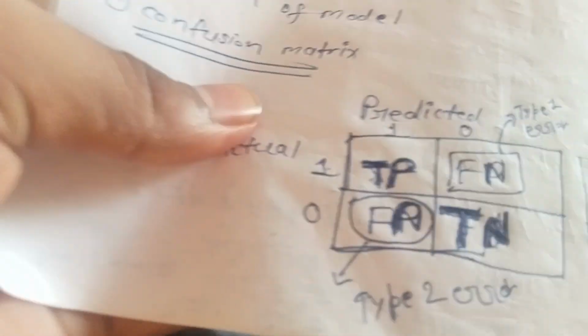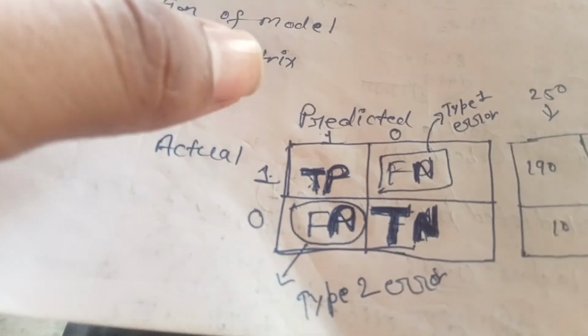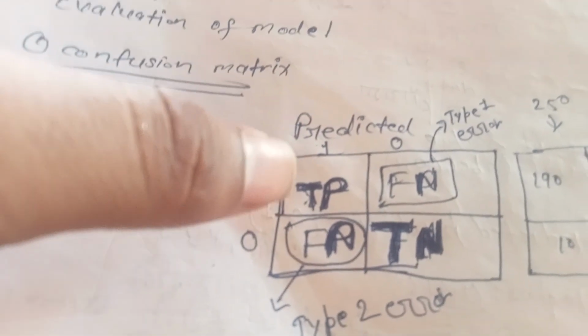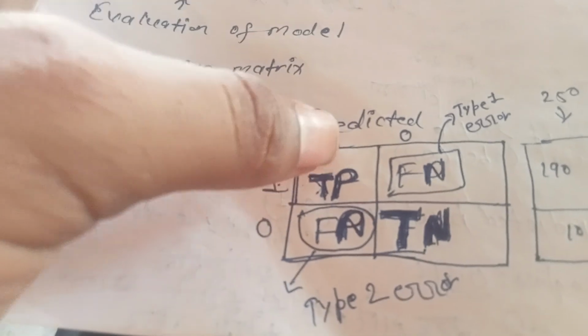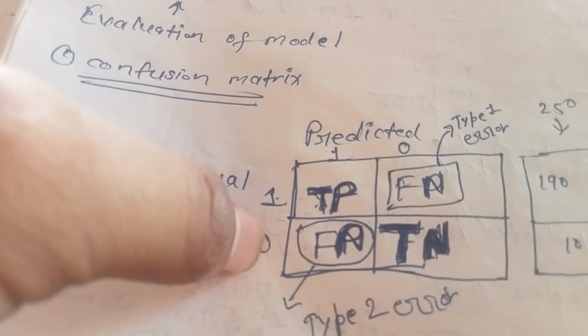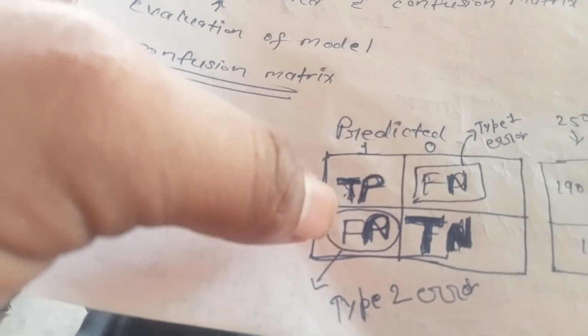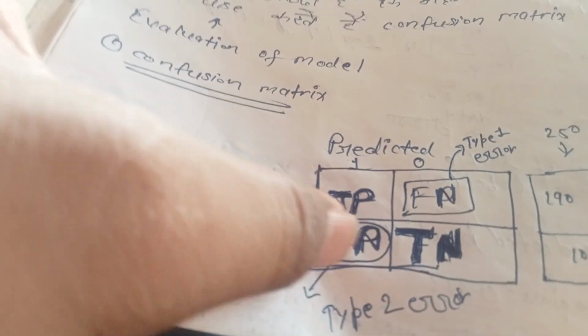So this is error. And actually 0 and predicted is 1, actually 0 नहीं था और फिर कर दिया था. This is also an error.